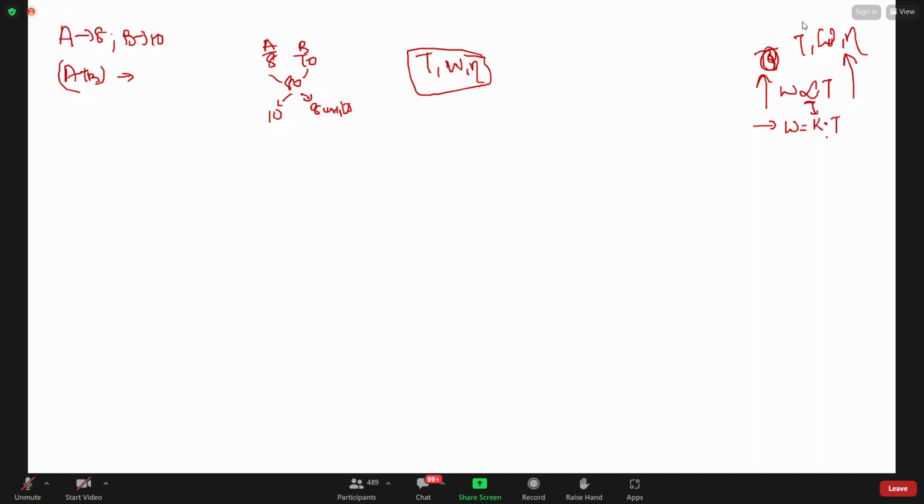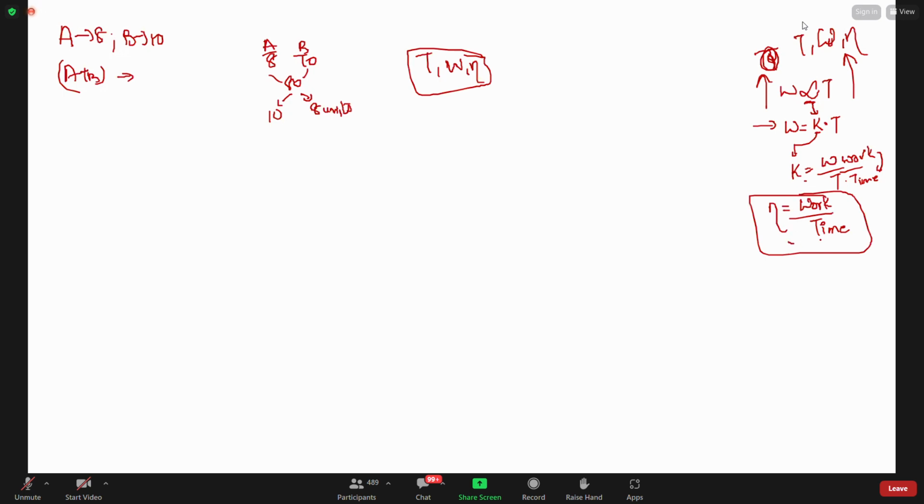W equals k into t. Now, if this proportionality constant is taken to one side, k equals W by t. What is W? This is work. What is t? This is time. So work done per time, like you can do so much work in so much time. What does that tell us about? It tells us about the efficiency of the worker. So efficiency always equals work done per time.